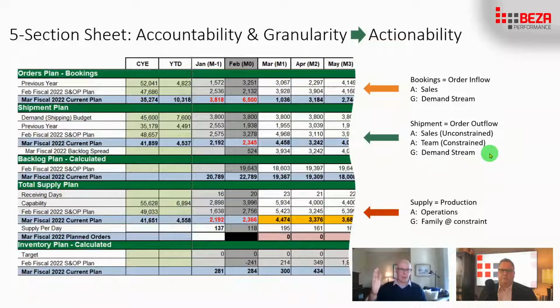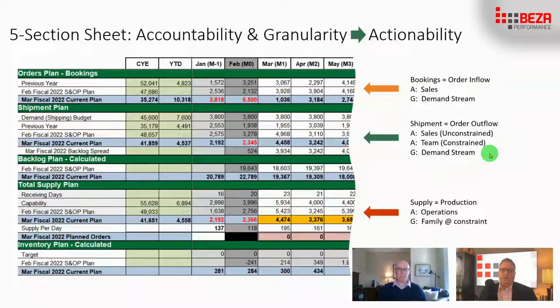So if, as I said before, you've got some distributors and you've got end customers, you might say, I'm going to constrain some of the inventory or production away from my distributors and drive that to my end customers directly. That's a strategic decision. It's an output of the process.